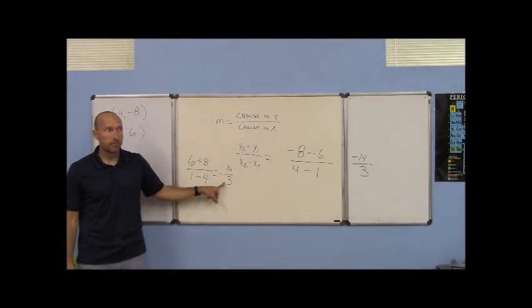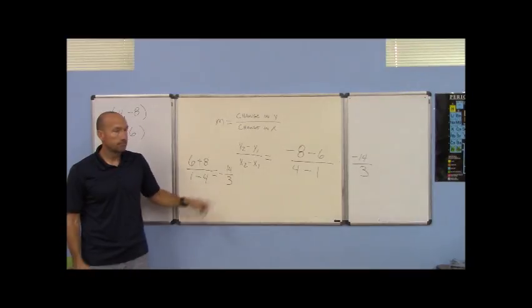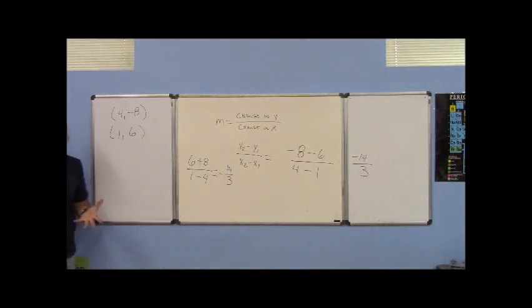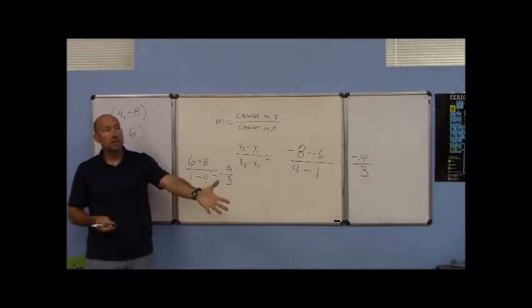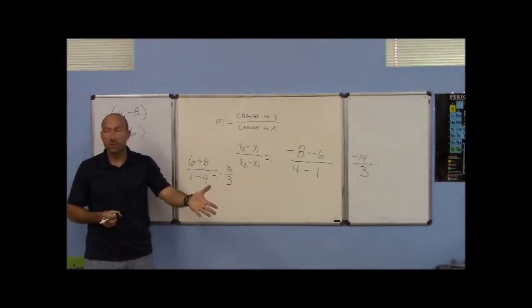What's interesting about this is we were given 2 points. Did they tell us which one was the first point and which one is the second point? No, it doesn't matter. The slope is the slope whether you start at this point or at that point. What's important is the consistency. So you asking that question was a very good question.